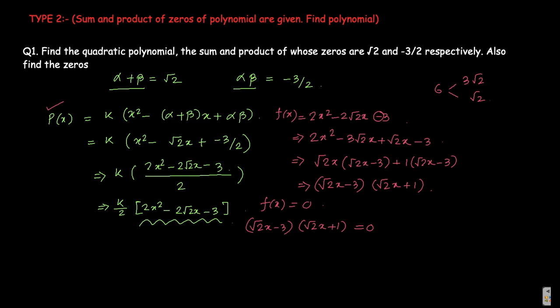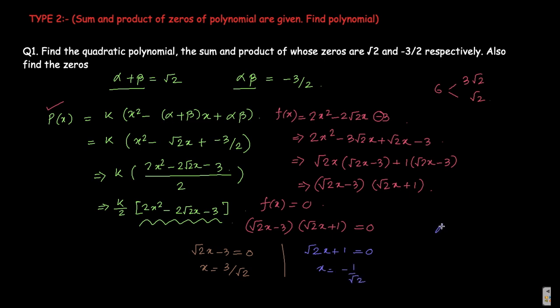Taking one by one, root 2 x minus 3 equals 0, so x becomes 3 by root 2. And root 2 x plus 1 equals 0 gives x equal to minus 1 by root 2.